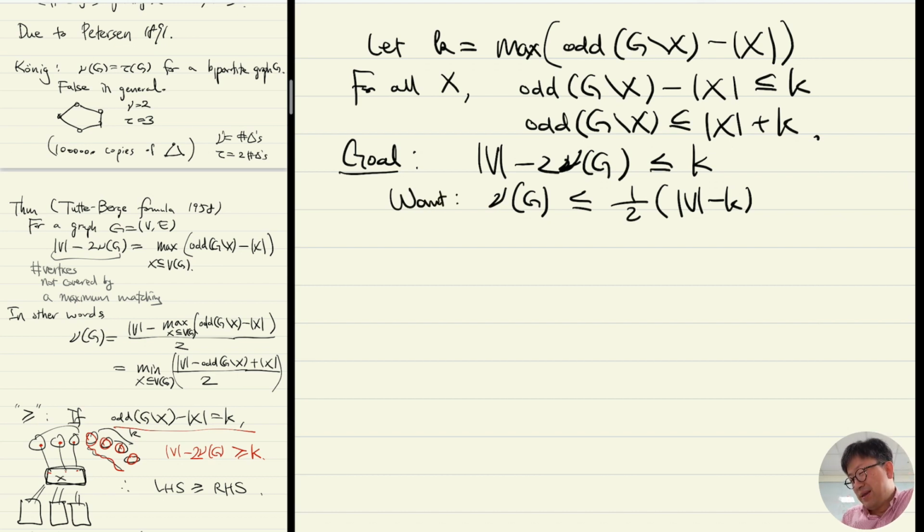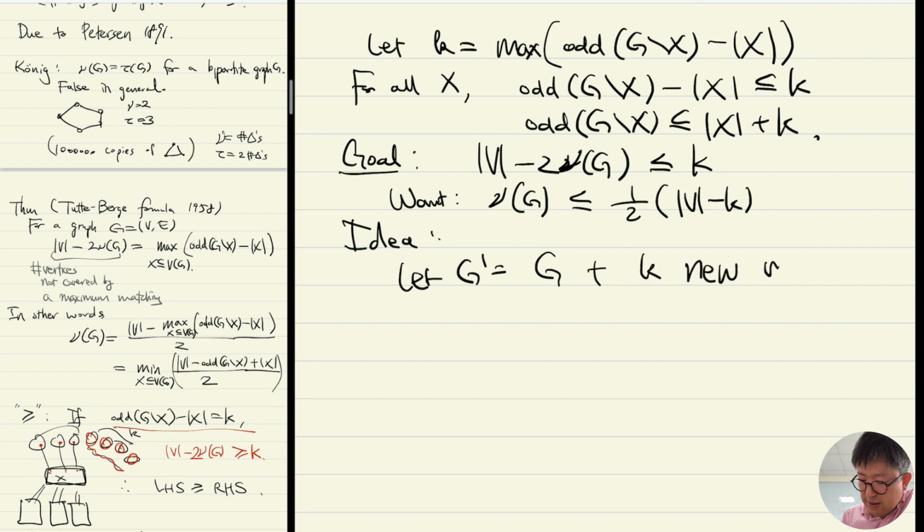So how do we prove that? Here's the idea. Let G prime be the graph obtained from G by adding K new vertices, pairwise adjacent, adjacent to all other vertices.